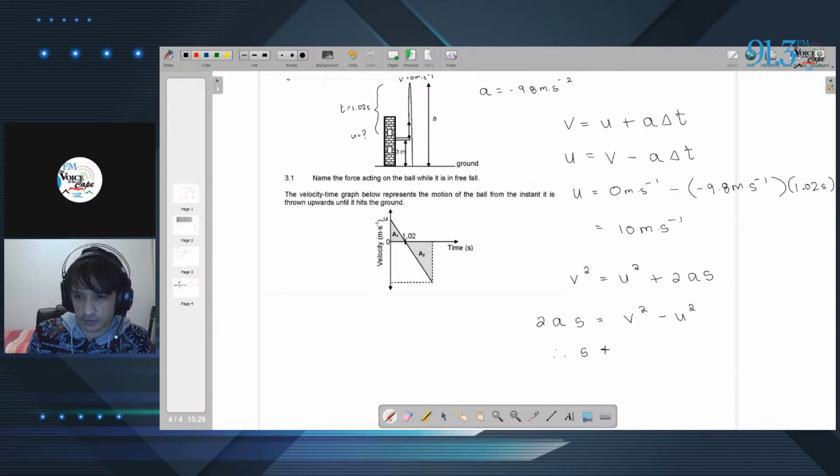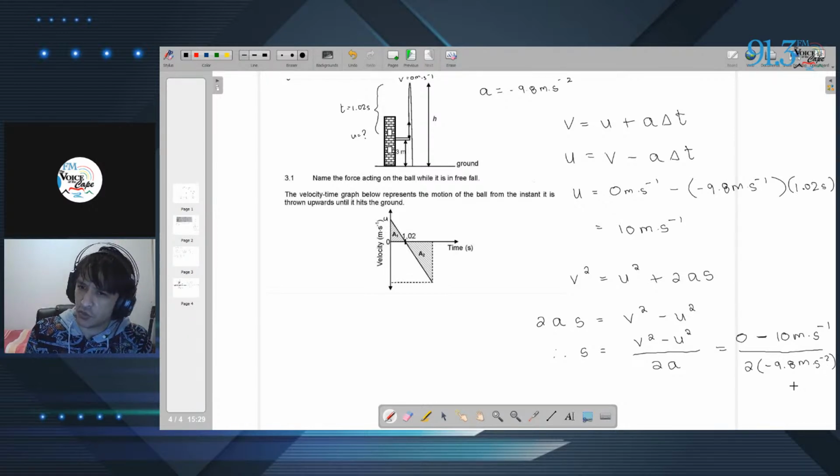Therefore, s is equal to v squared minus u squared over 2a. And now we have our equation to solve for the maximum height, where v is equal to 0. Now we can plug this in. Our v squared at that point is 0. This is negative 10 meters per second, squared, over 2 times negative 9.8 meters per second squared.